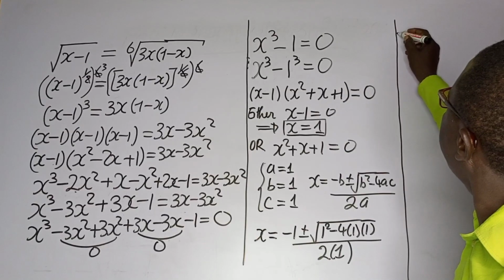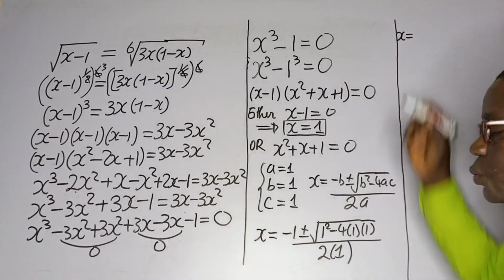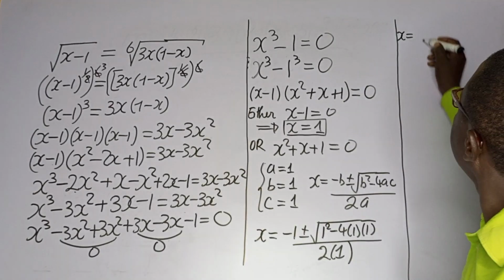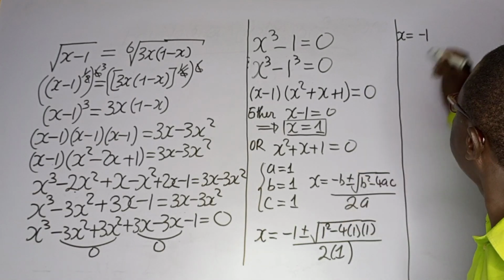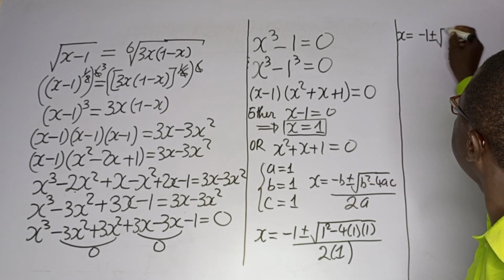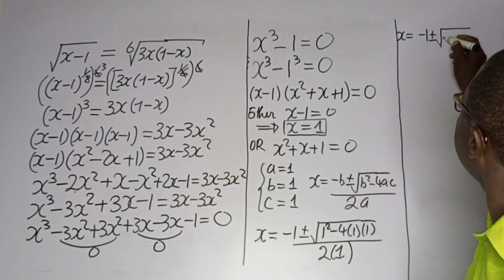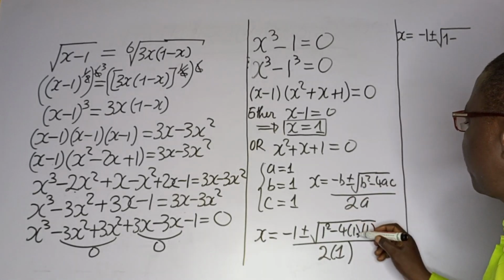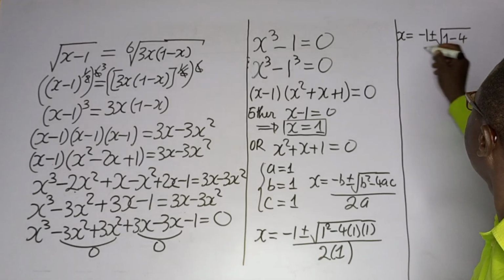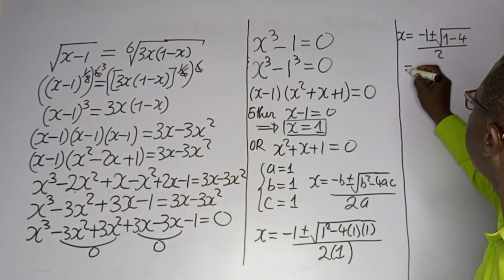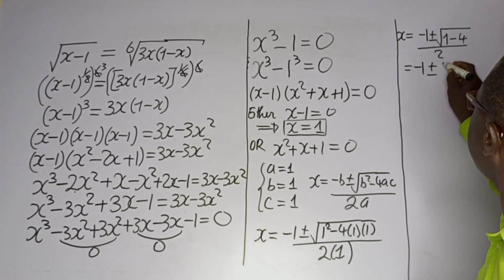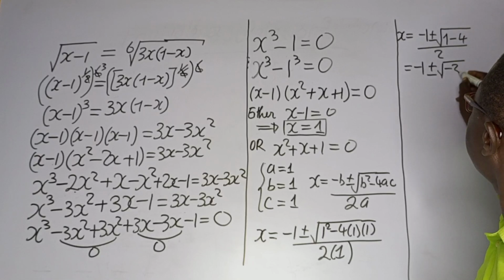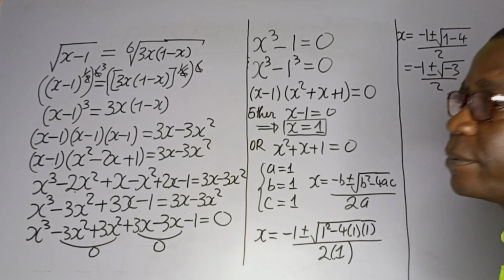This means x is equal to negative 1 plus minus the root of 1 squared is 1 minus 4 multiplied by 1 is 4, all over 2. This gives us negative 1 plus minus the root of negative 3 all over 2.